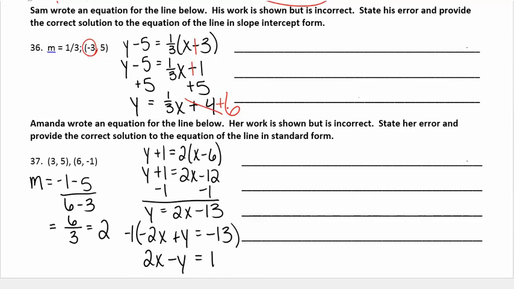On 37, the error actually comes in the slope. Over here, negative 1 minus 5 is a negative 6, which would make this negative 2. Now if you follow my negative through, change that to a negative, that to a negative, this is going to become a positive.